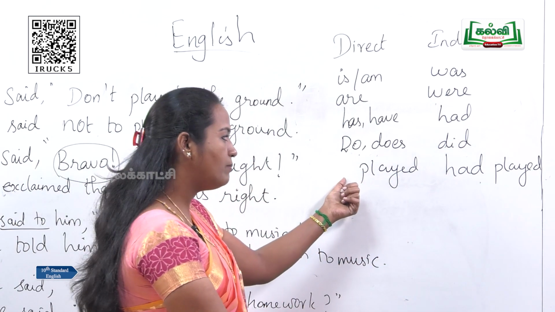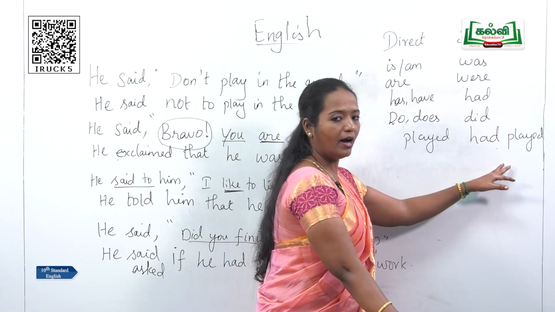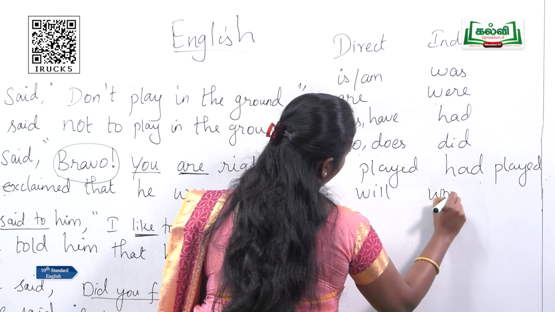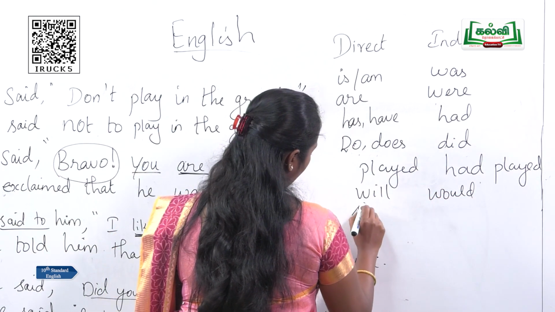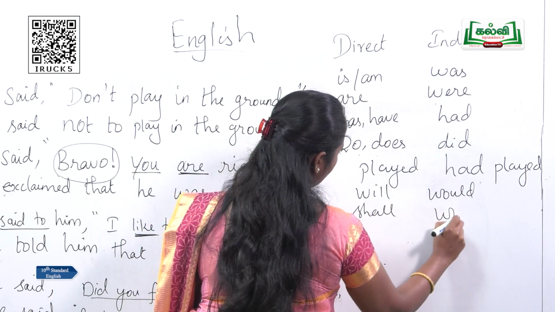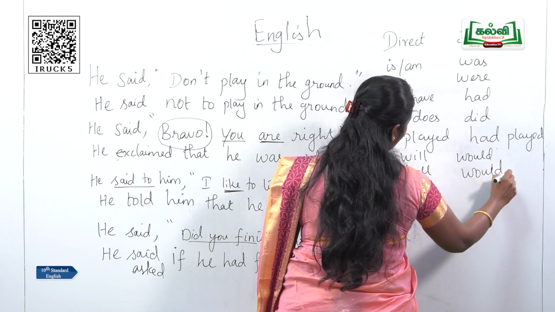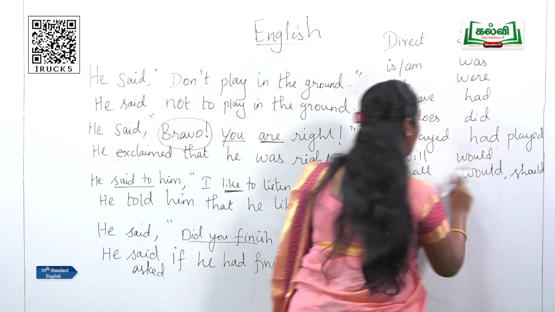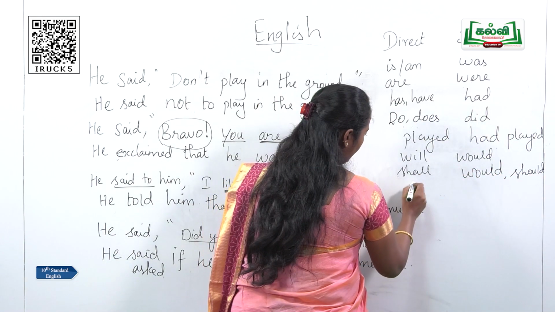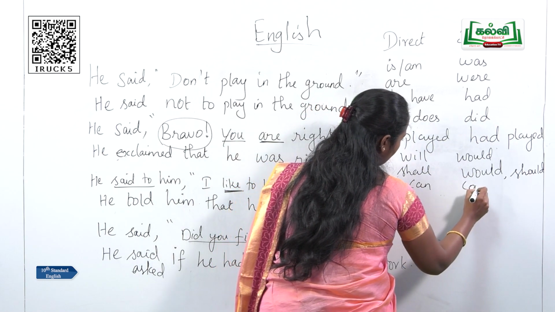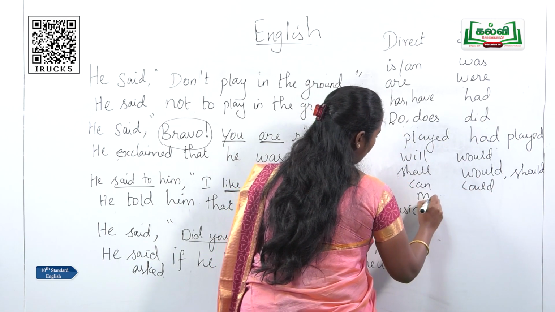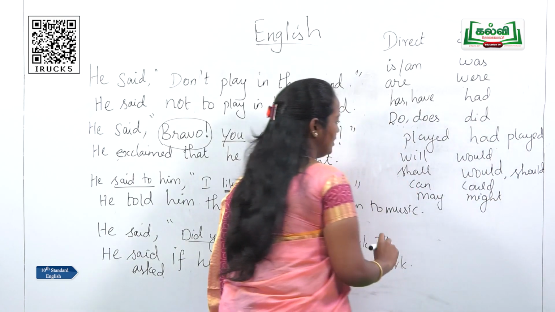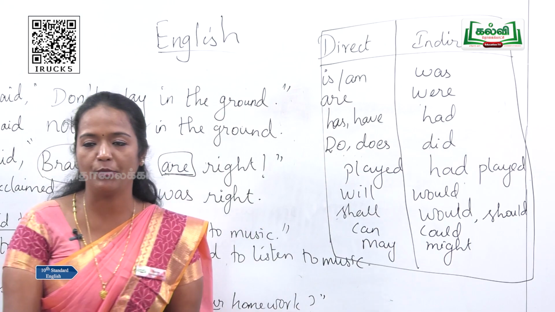So if it is already in past tense, it becomes past perfect tense. And then will becomes would, shall again becomes would. Should you can use if it is an advice. Otherwise, shall becomes would. And can becomes could, may becomes might. Try remembering this alone, that will help you out, children.